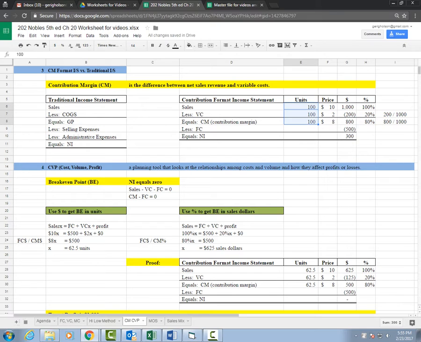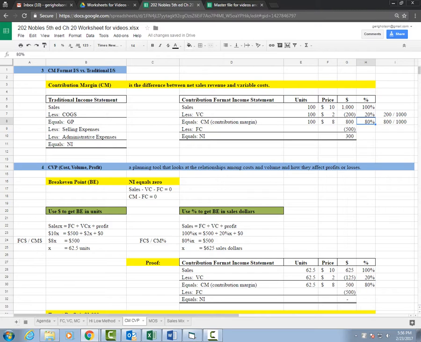So whatever the sales are, these other units are going to be the same amount. In this case, I'm going to assume variable costs are $2 per unit, $200 for the total, and 20%, which is 200 divided by 1,000. Contribution margin, the 10 minus the 2 gives me 8 times 100 is $800, which is 80%. So 800 divided by 1,000 is 80%.